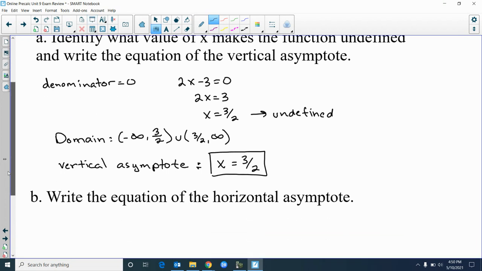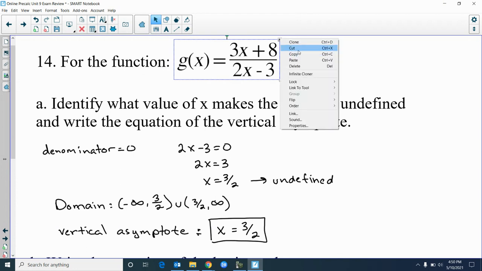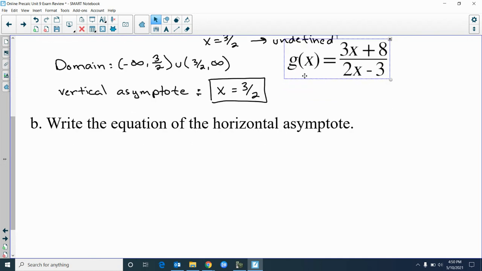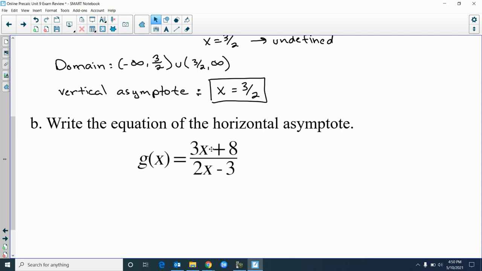Second part, this can be a little bit trickier. Horizontal asymptote. Let me move this down here so I can see it. Horizontal asymptote is based upon the degree of the function, the degree of the numerator compared to the degree of the denominator.